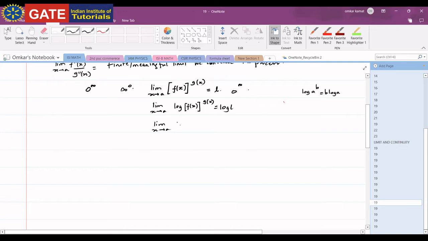So this can be written as g of x into log of f of x, which is equal to log L. So what will be the value here now? Can anyone tell me?